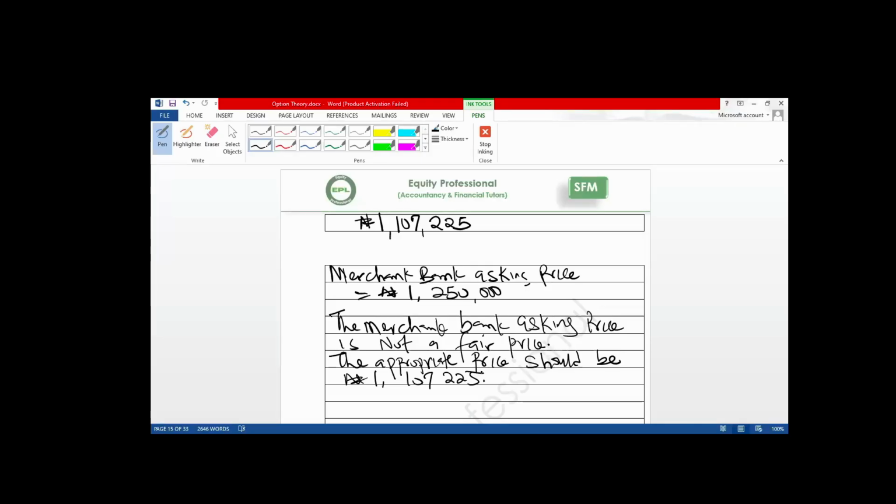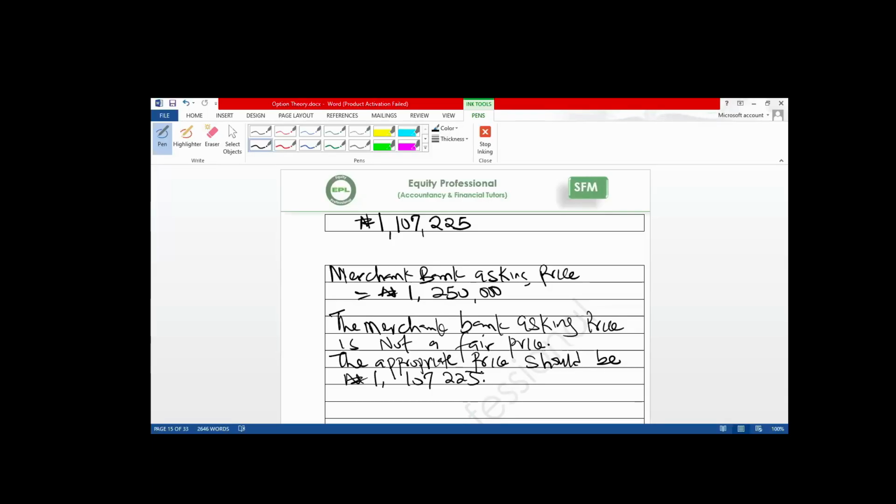So that is how to value a put option. If you look at your question, the examiner can ask you to value either a put option or a call option. If you check 2024, both November and May diets, and 2023, it's the same thing.